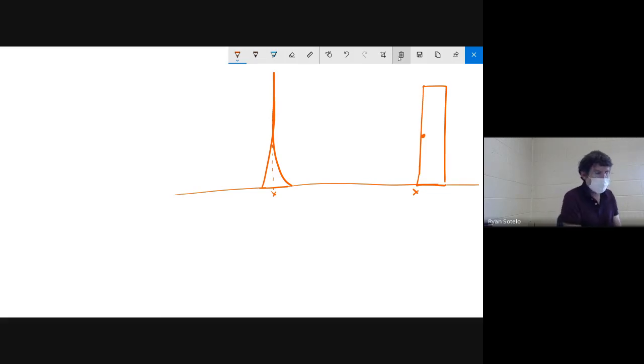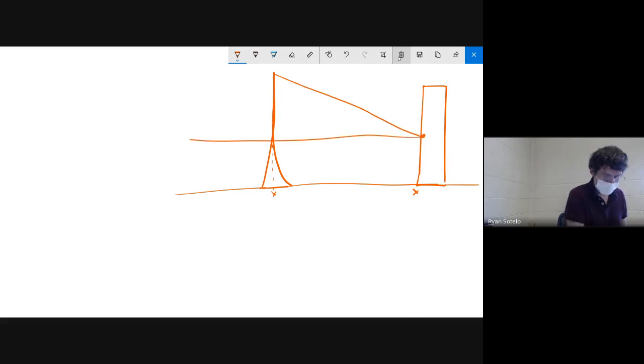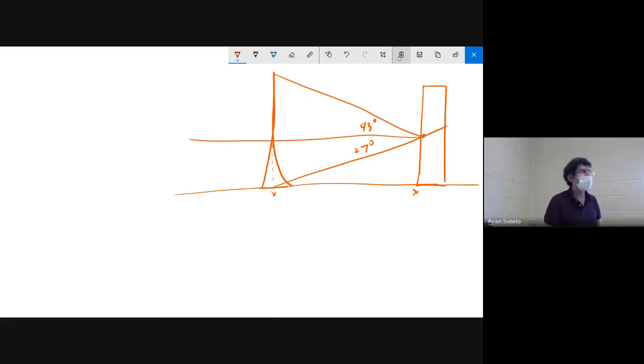The angle of elevation to the top of the tower is measured from the straight line, and they said that was 43 degrees. The angle of depression to the bottom of the tower is 27 degrees.